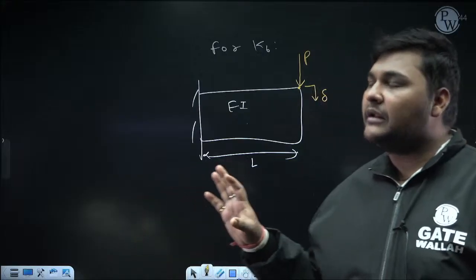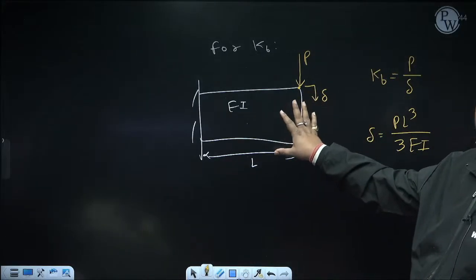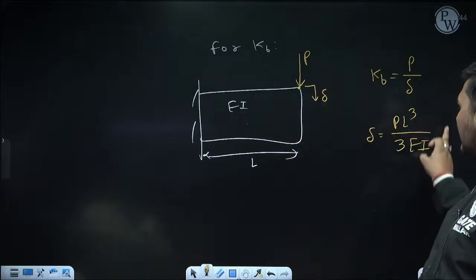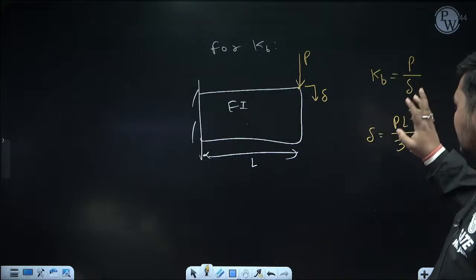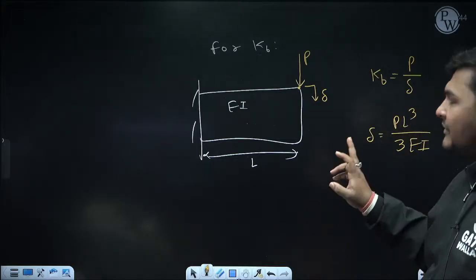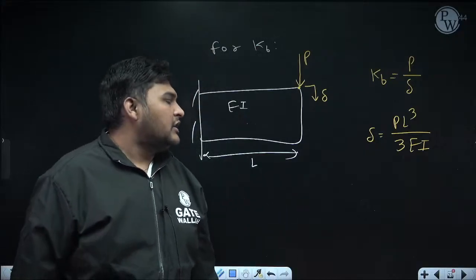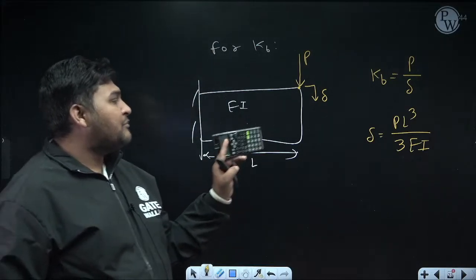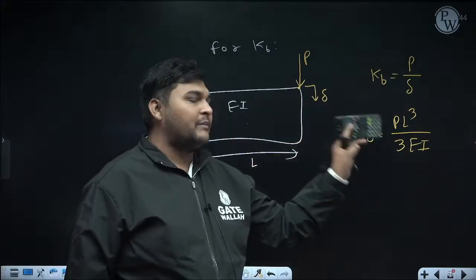And in vibration, questions generally come from standard cases. So this formula we have already remembered in strength of materials. Right now just mark this formula in your mind. Whenever in a cantilever beam a concentrated load P is applied at the free end, the formula to calculate deflection of the same point is PL cube by 3EI. This formula should be fixed in your mind.